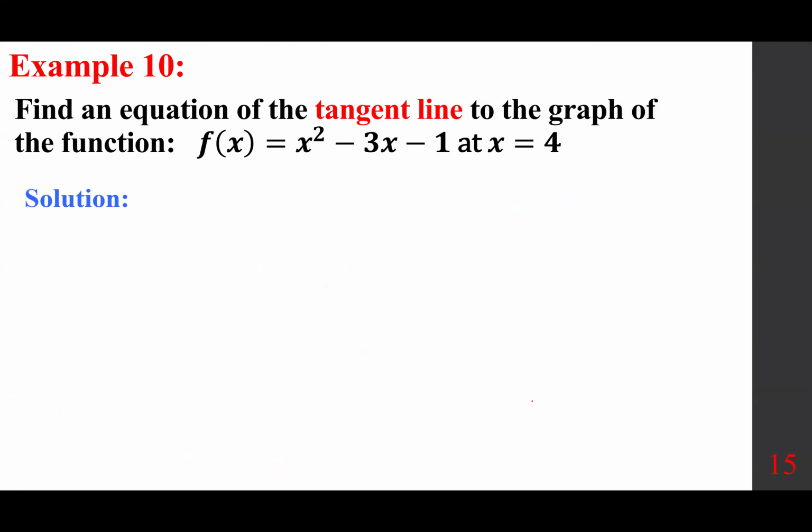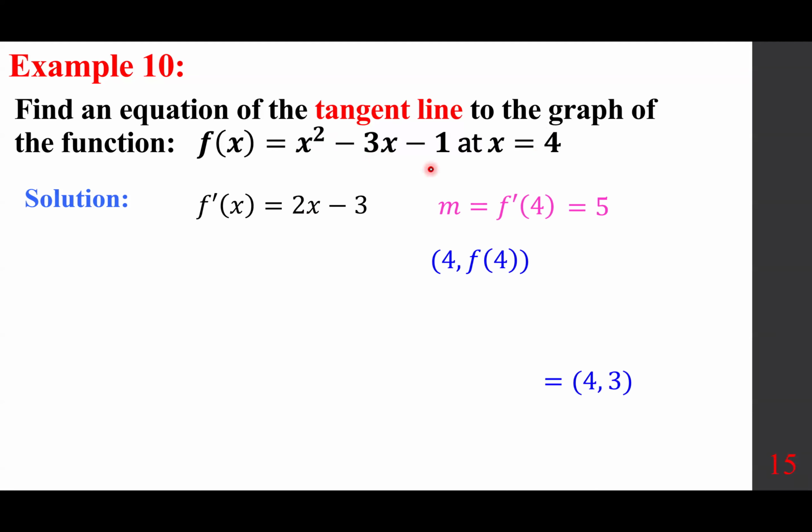Final, the equation of a tangent. Well, we need two things. We need the slope, so we're going to differentiate 2x minus 3. The slope is plug in 4. So 4 times 2, 8 minus 3, 5. We need the pair, plug in 4 into the original function f of 4. So if I put here 4 squared, 16, minus 3 times 4, minus 12 is 4, minus 1 is 3.